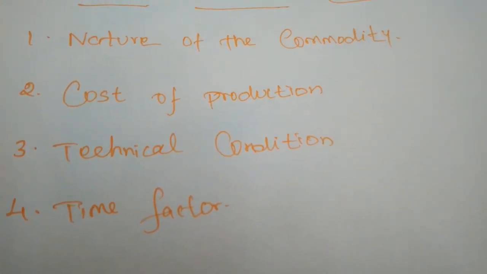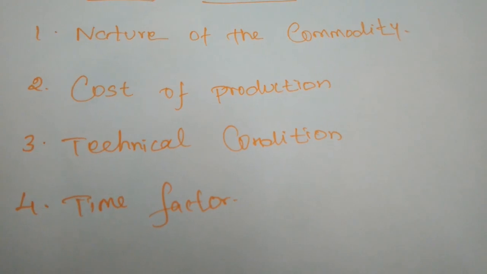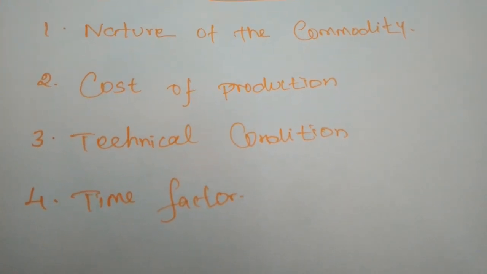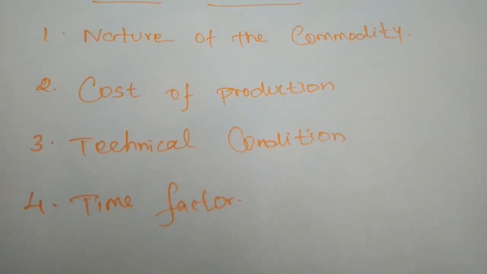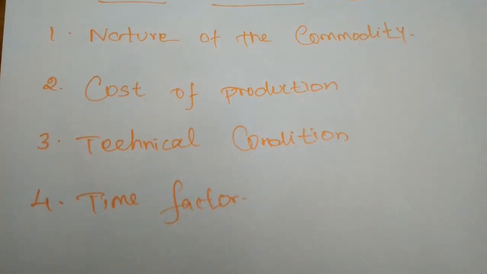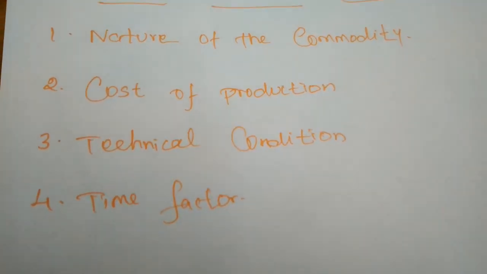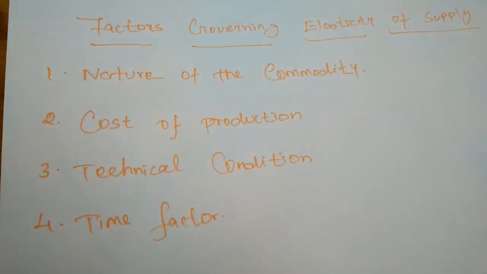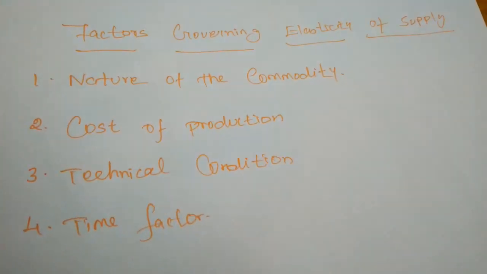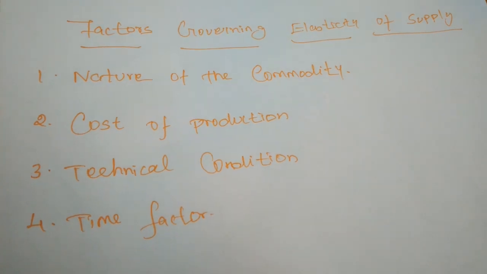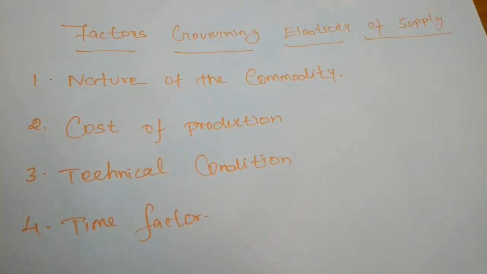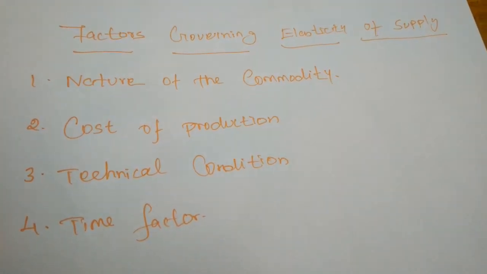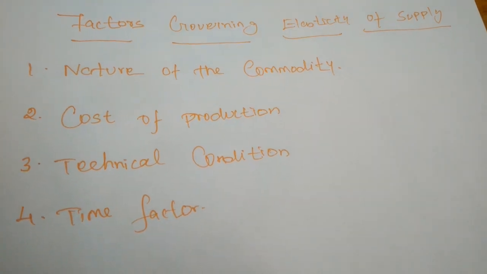But at the same time, if the producers produce commodities by using technology or the arrival of new technology, the supply of commodities can easily increase even in the long or short time. So the technical conditions are also one of the factors governing the elasticity of supply.